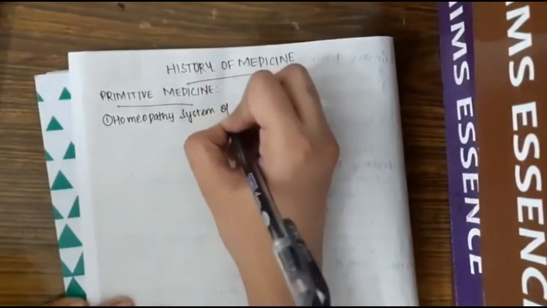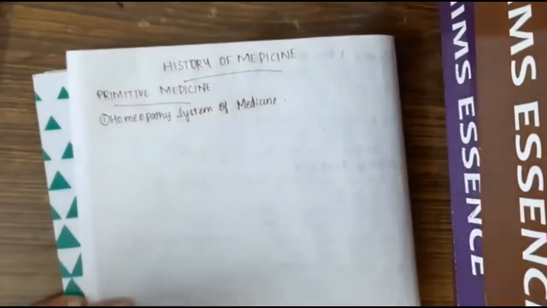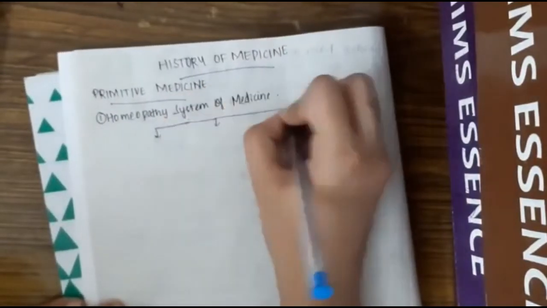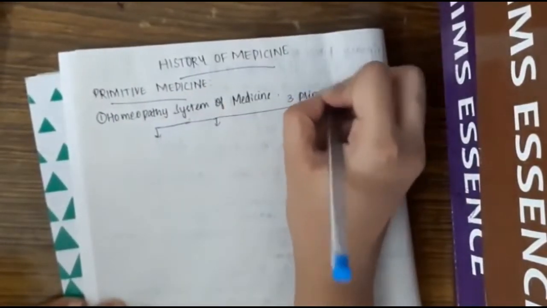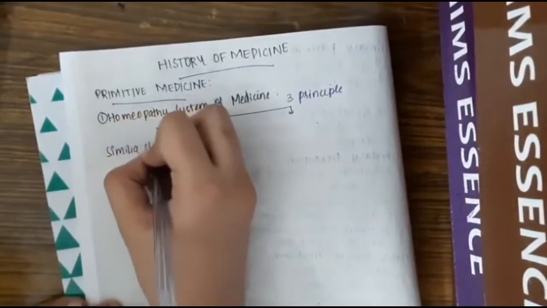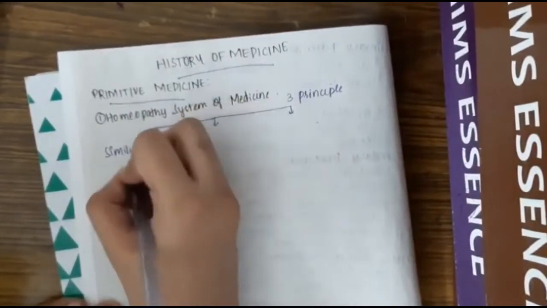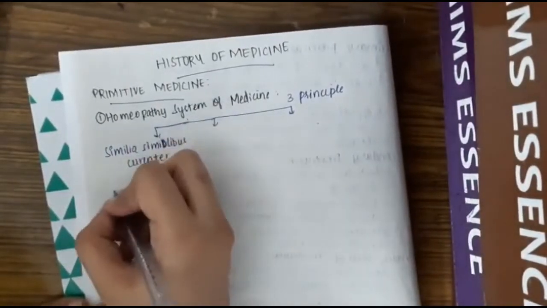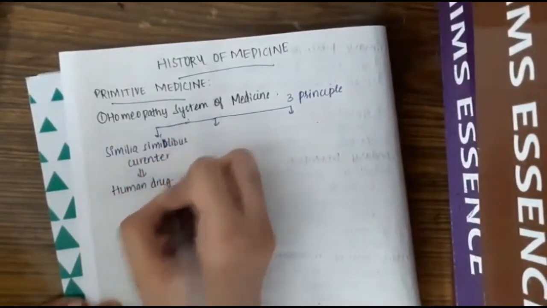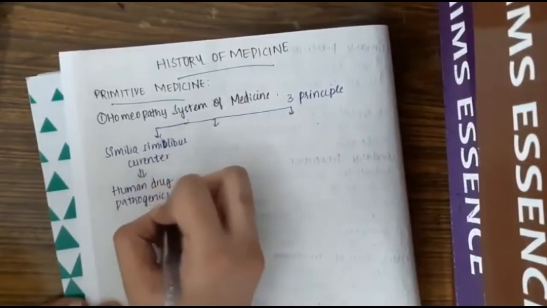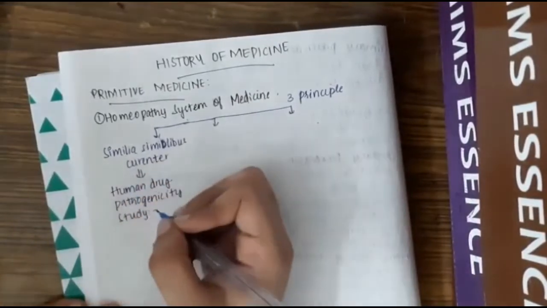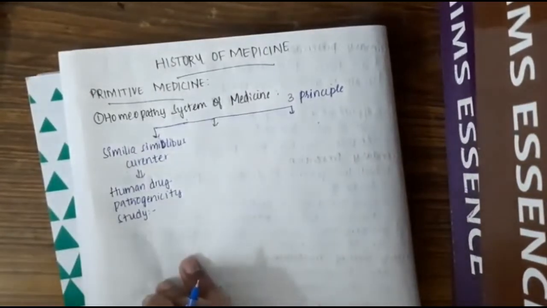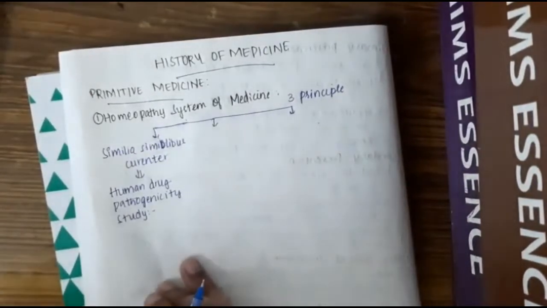Homeopathy system of medicine includes three principles. One, we have similia similibus curantur, which is human drug pathogenesis study. In this human drug pathogenesis study, a small amount of drug in a healthy person produces symptoms of disease.